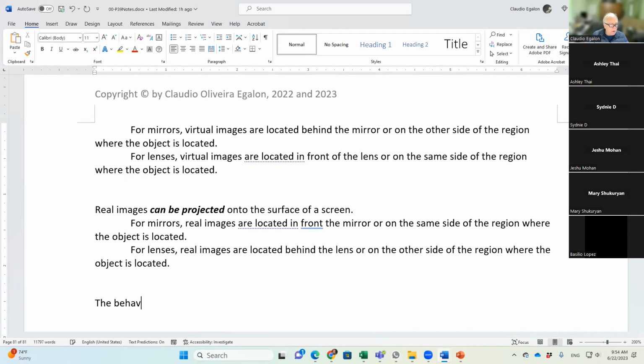The behavior of images formed by thin lenses, not just any type of lens, but thin lenses, is similar to that of a mirror, because the equations are the same.